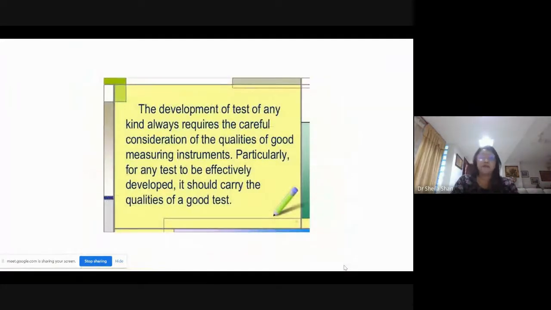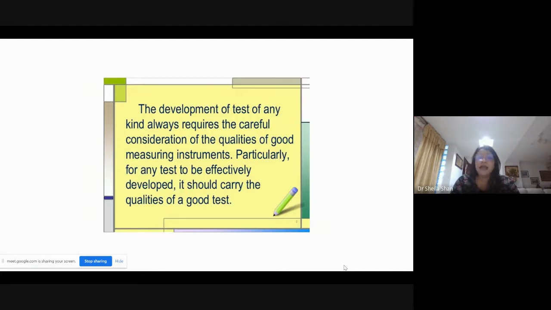The development of a test of any kind always requires careful consideration of the qualities of a good measuring instrument, because your instrument is going to answer your objective. So if the tools that you use are not answering your objective, I can consider that it's not a successful research, because you are asking one thing but you are discovering something else. So it does not tally.